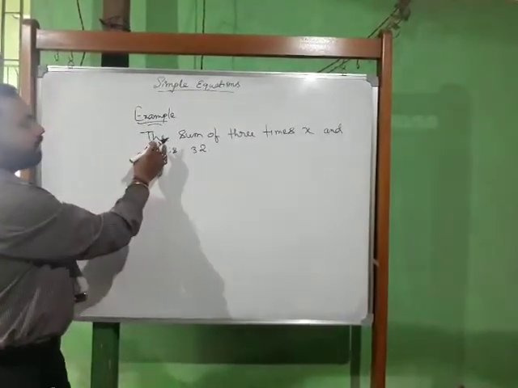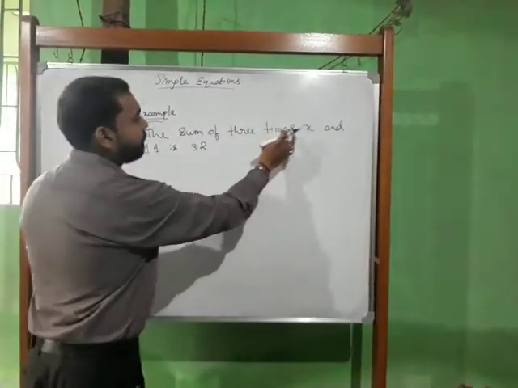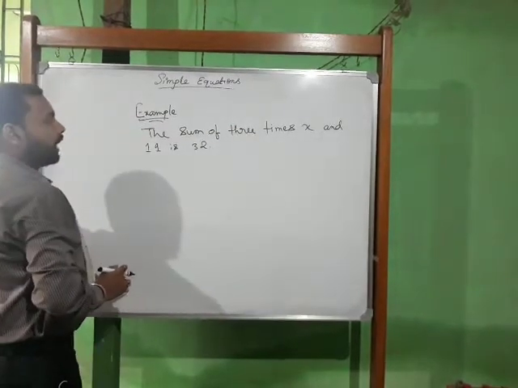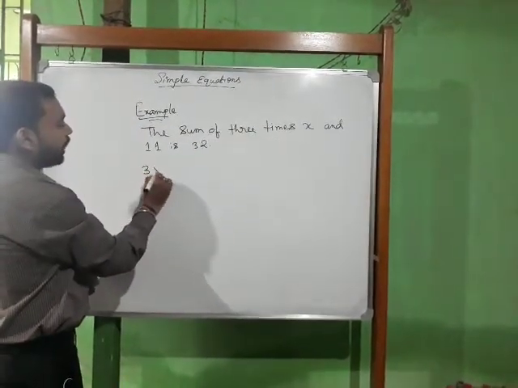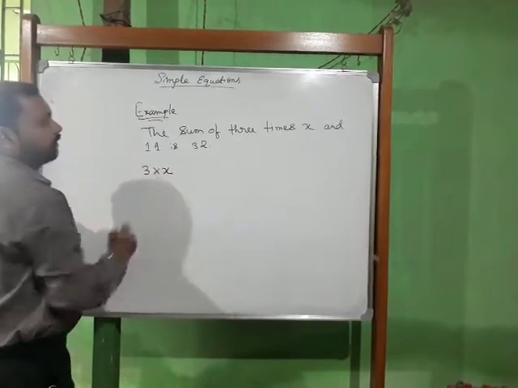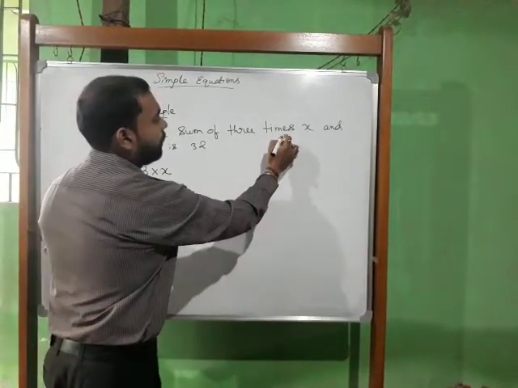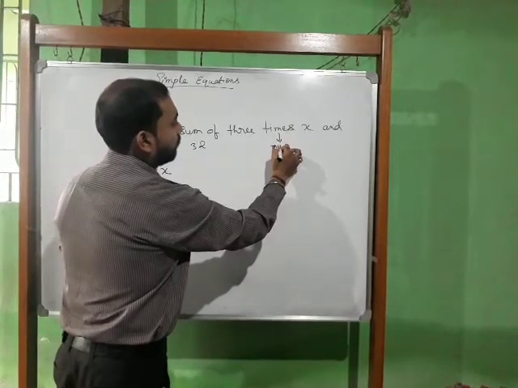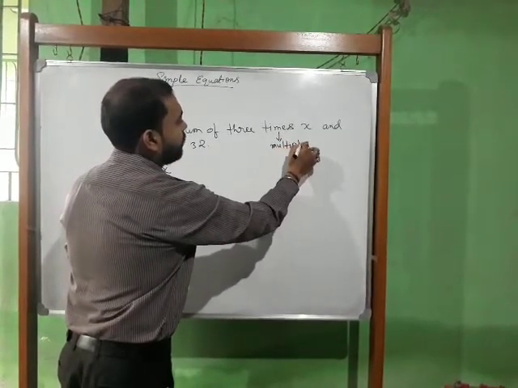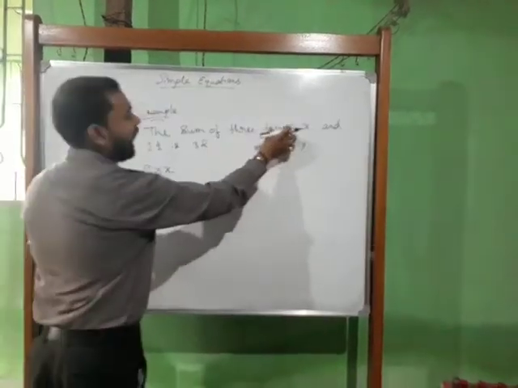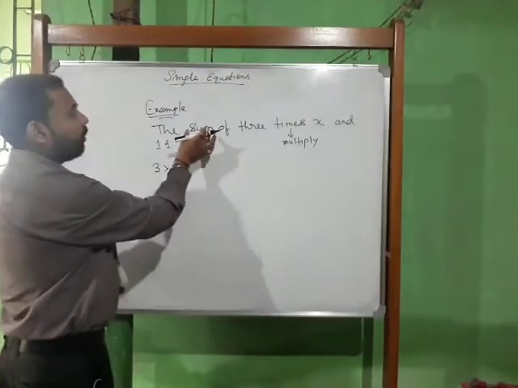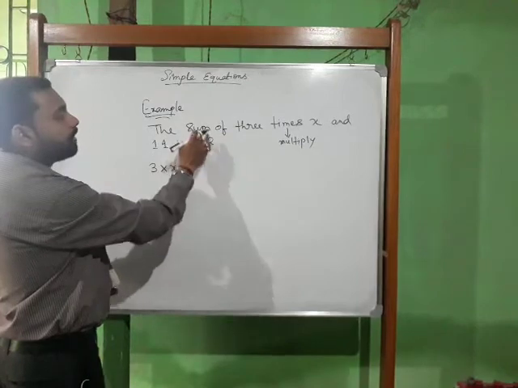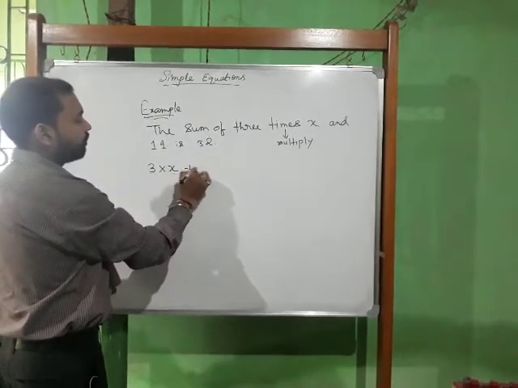So in the question it is given the sum of 3 times x. 3 times x means 3 into x. Times means, always remember, times means multiply. So 3 times x means 3 into x, and in the question the sum means plus.